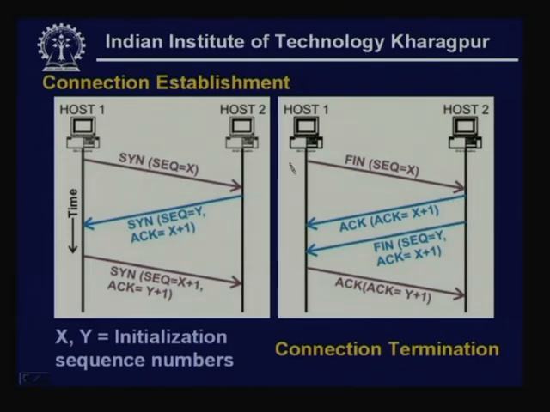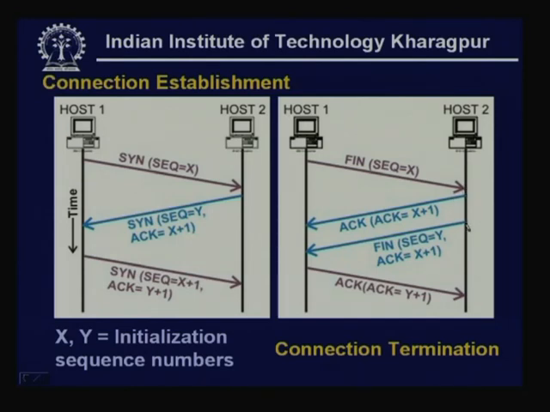So, for example, if a host wants to terminate the connection for sending data from this end to the other end, then it will send one datagram with the FIN or finish flag bit set with sequence number x, and on receiving this, host 2 will send an acknowledgement packet with ACK equal to x plus 1. When this is received, that means the connection which is used for sending data from host A to host B is terminated.